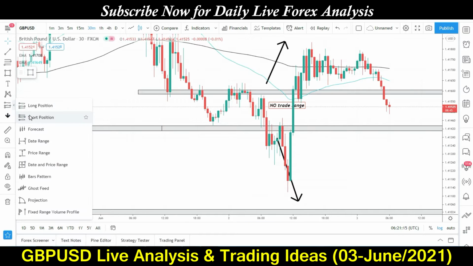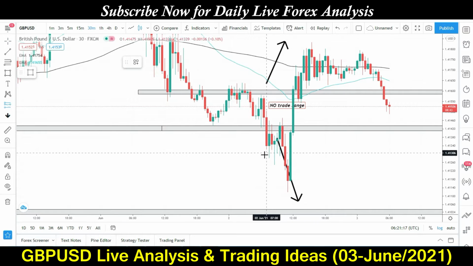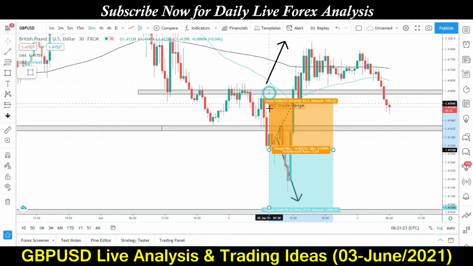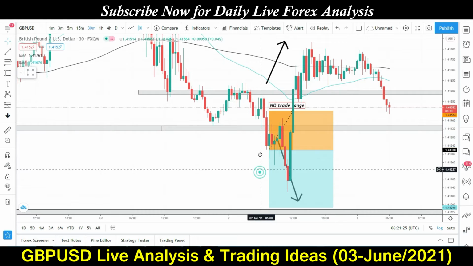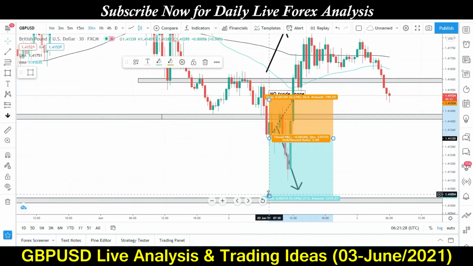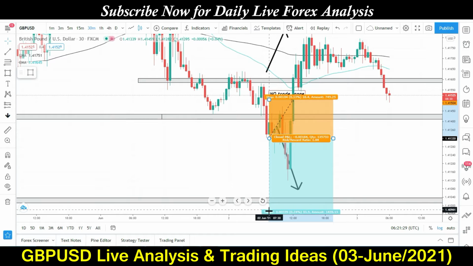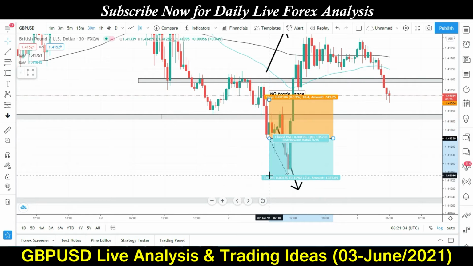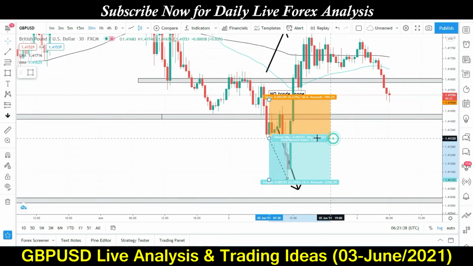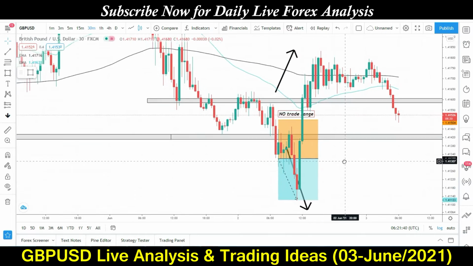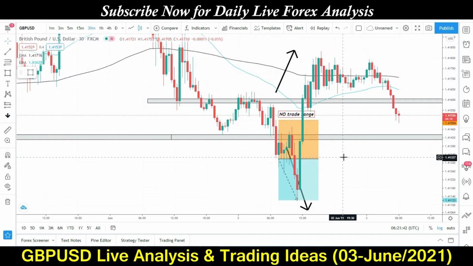If we look here, your entry should be below this candle and your SL should be above this candle wick. Mostly I am using 1-2 risk reward, but unfortunately 1-2 risk reward didn't hit. We got 1-1 risk reward easily. So that was the best sell trade in GBP USD yesterday.